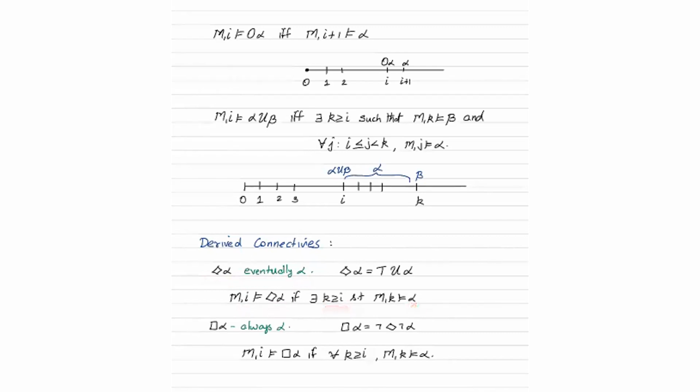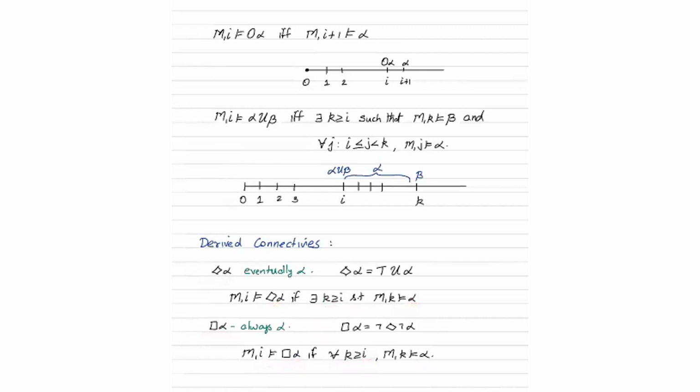So eventually alpha holds, that's what diamond says. Box alpha is the dual of diamond. It says that it is always the case that alpha holds. At time instant I, box alpha holds if for all instances in the future alpha holds.